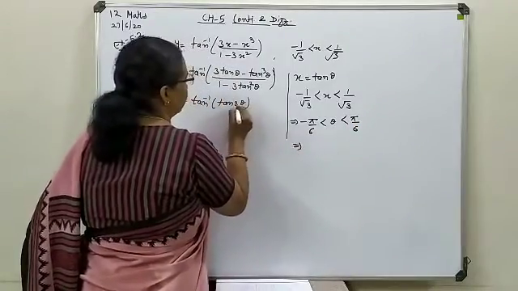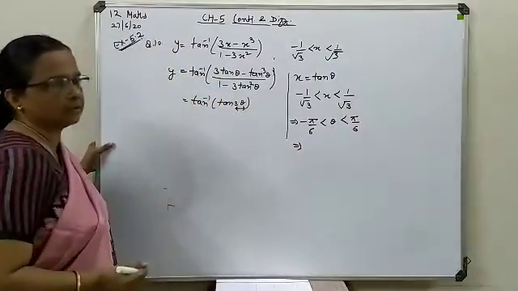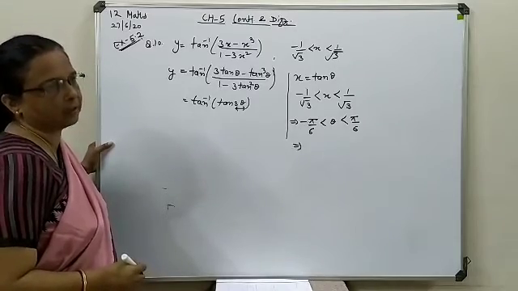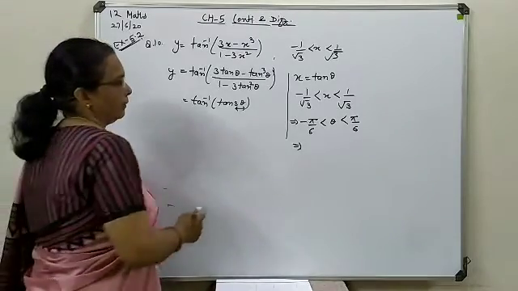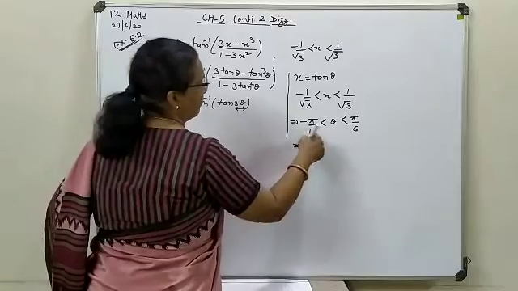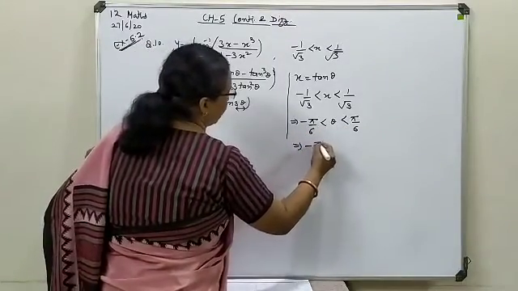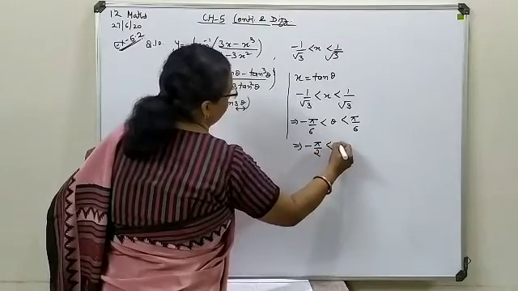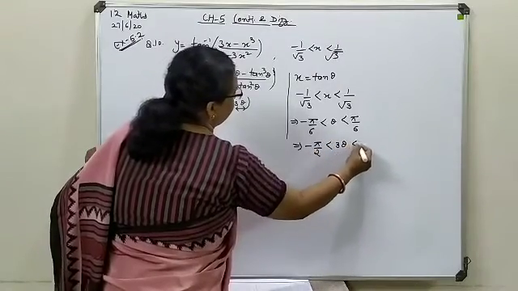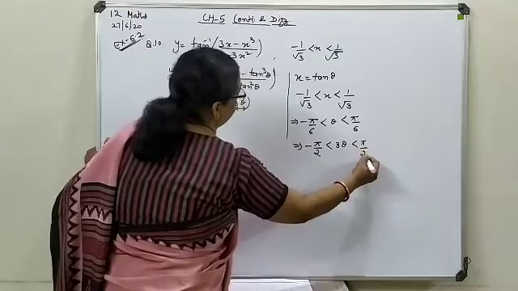Here we are in need of 3 theta. So this middle term, theta, you have to convert into the form of 3 theta. So everywhere multiply by 3. This will give you minus pi by 2, then 3 theta, and pi by 2.